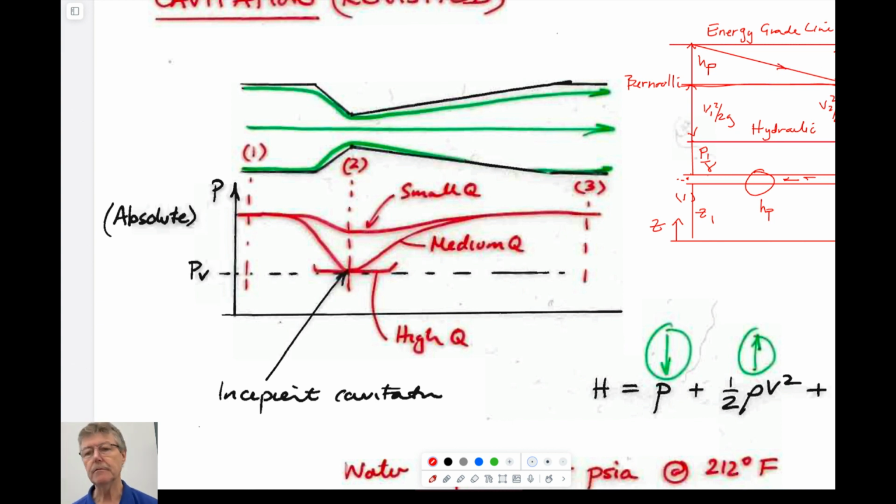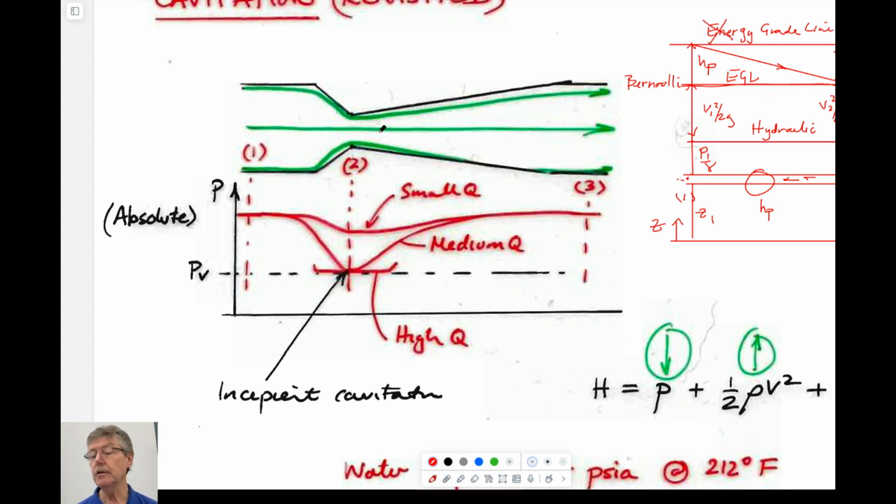And so we'll deal with that later. But all I want to make the point is that for now, we're thinking of Bernoulli with no losses, and therefore we have a horizontal line. And so we can add these things up, and they will always look relative to this top line. Actually, I think this is actually the EGL. So forget about this down here.